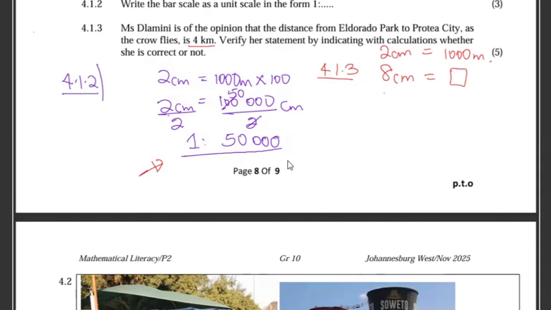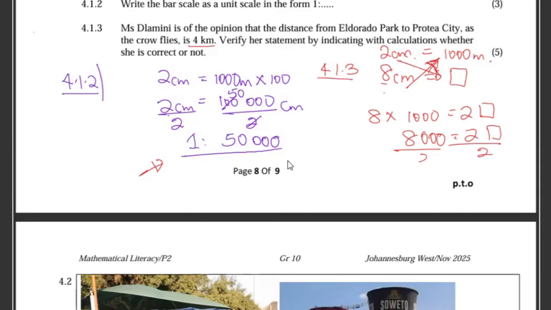What about the 8? So what do we do? We cross multiply: 8 times 1,000 equals the 2 times the unknown. The 2 multiplies that, the 8 multiplies that. So in this case, this is 8,000 equals 2 times the unknown. What do we do?